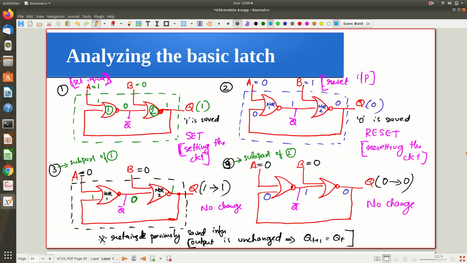This case I can call latching binary information 1, and this corresponds to latching the binary information 0, and this corresponds to retaining. Whether you latched 1 or 0, you are now capable of retaining that information. Okay.